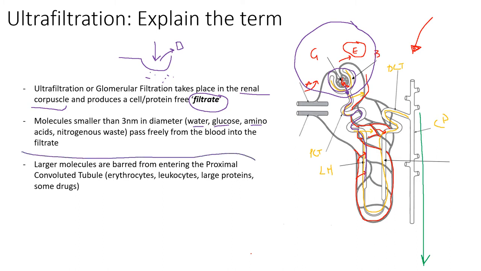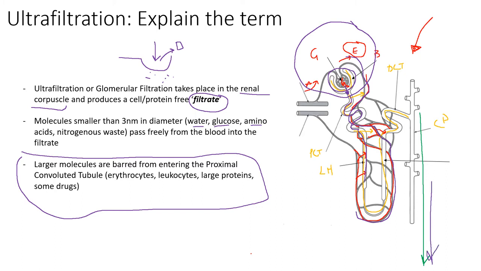Larger molecules are barred from entering the PCT, like red blood cells, large proteins, hormones, drugs. That stays in the blood, and that will go out into the efferent arteriole, and it will transport around this blood supply until it's pumped back into the filtrate that's going around this tube, so that it can be passed out to the ureter. That's the overview of the term.